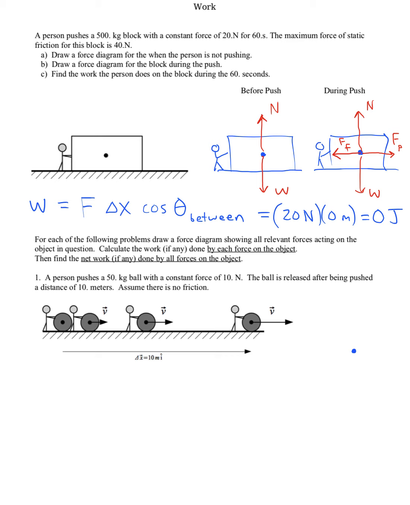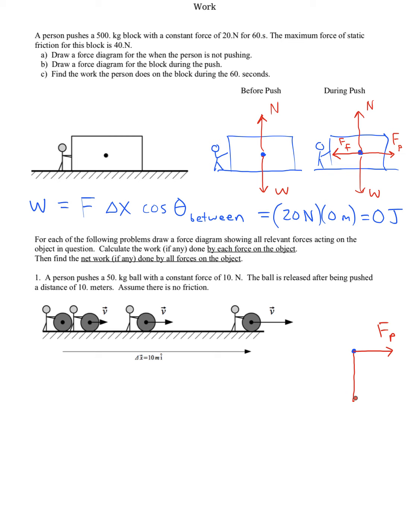For this problem, let's calculate the work done by every force acting on the ball. And then we'll find the net work that acts on the ball. So, the person's pushing to the right with a force of Fp, force of push.